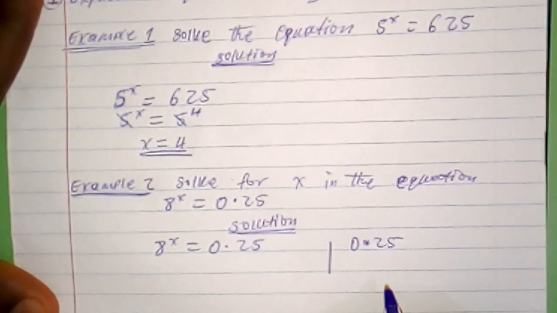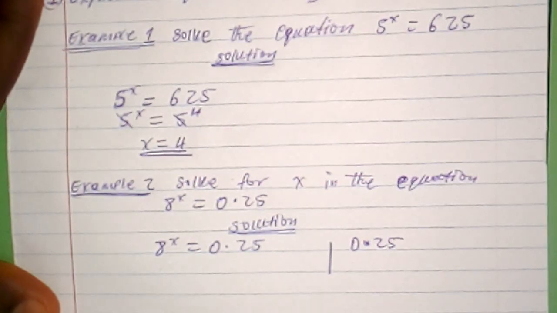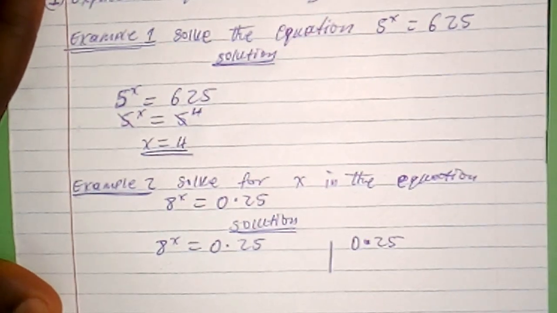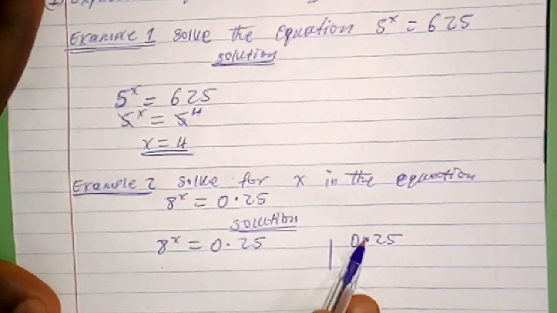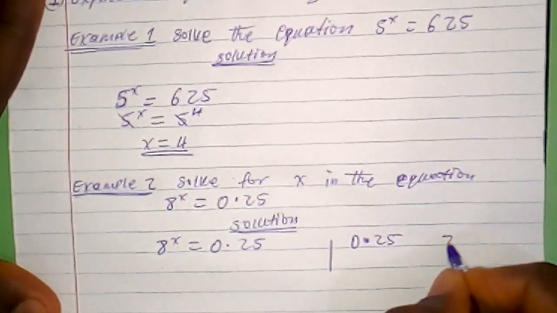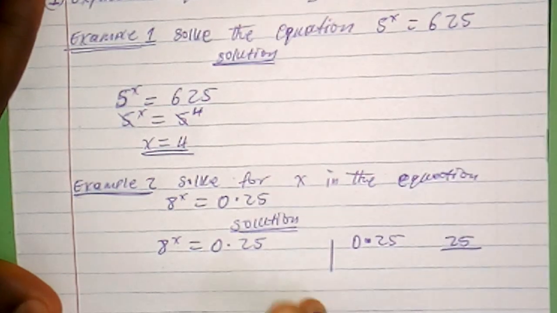Now what are we going to do? See here, any number after the decimal, we write that number as the numerator, right? What are the numbers after the decimal? 2 and 5. So in other words, it is 25. Write 25, all divided by what?